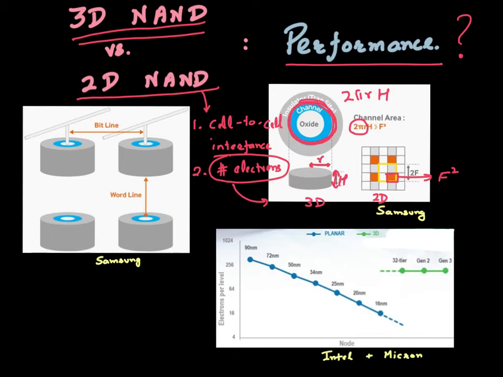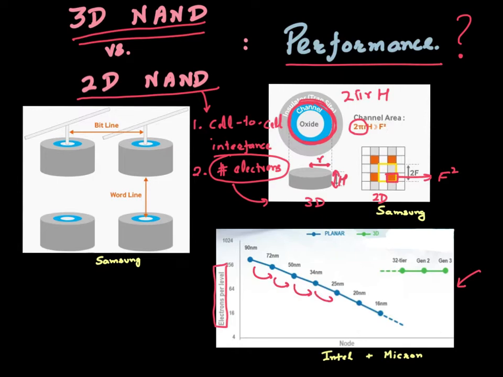All the surface area is now available to store charge. As a result, you see in this graph below the number of electrons available per level. If you had a multi-level cell, the number of electrons you would need to distinguish between one level and another was going down with 2D NAND flash memory.